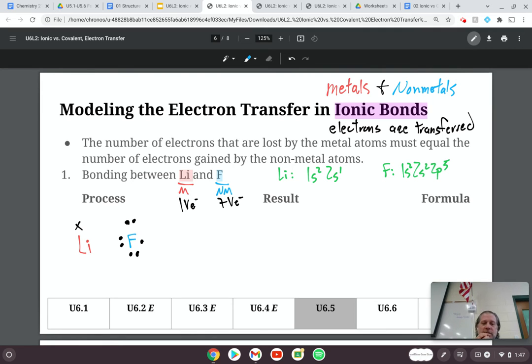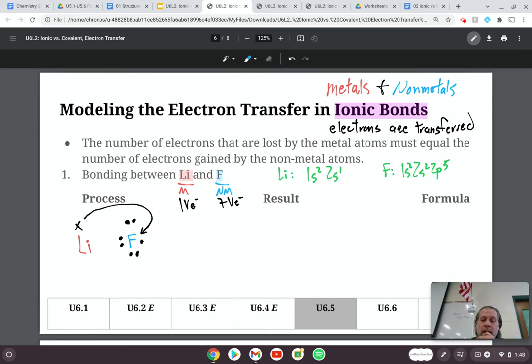Now, the next thing that we have to do is show that electrons have been transferred. So lithium is going to give up its electron and transfer it to fluorine. Remember, metals will transfer to nonmetals, but nonmetals don't transfer to metals. So this lithium electron is going to go right about there.